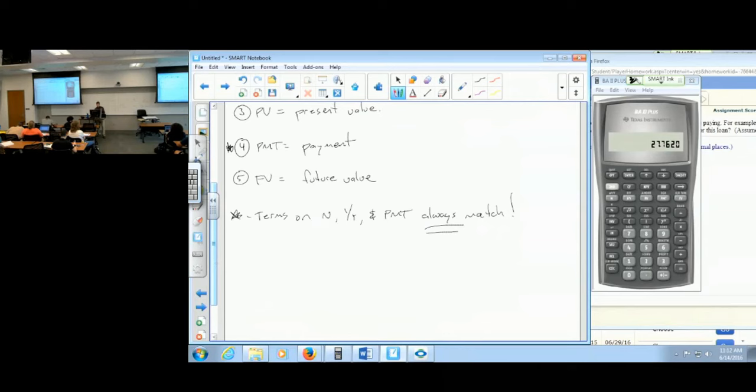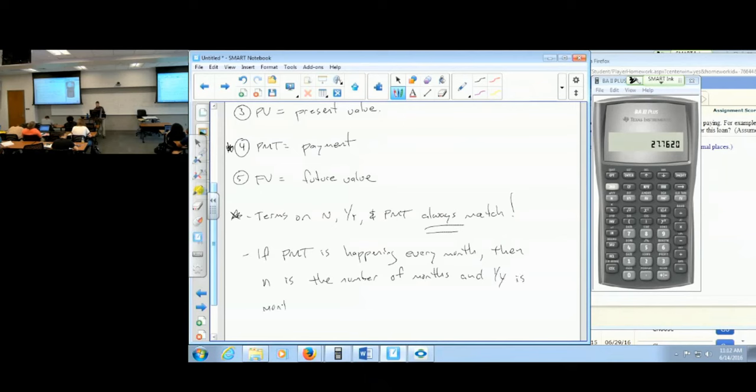Here's what I mean by that. If PMT, your payment, is happening every month, then N is the number of months, and I/Y is the monthly effective rate.